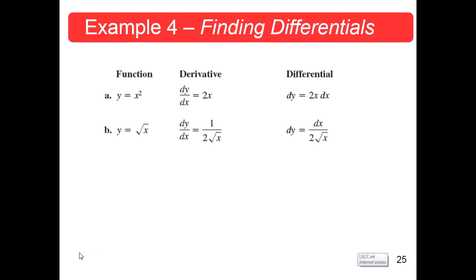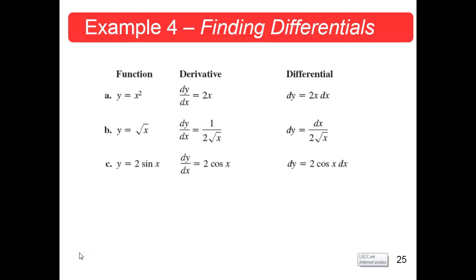And if you wrote that as a differential, dy is equal to 1 over 2, and then you can write the dx up there. I would have written this as 1/2 x to the minus 1/2 dx. But that's perfectly fine to write it that way too.